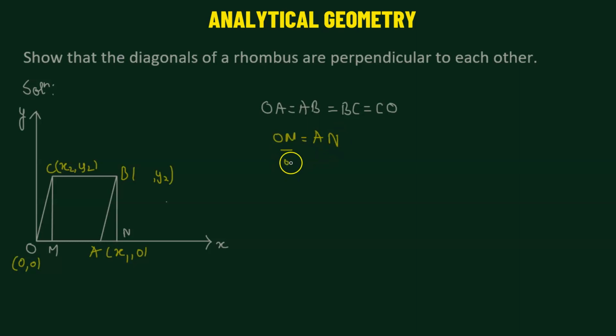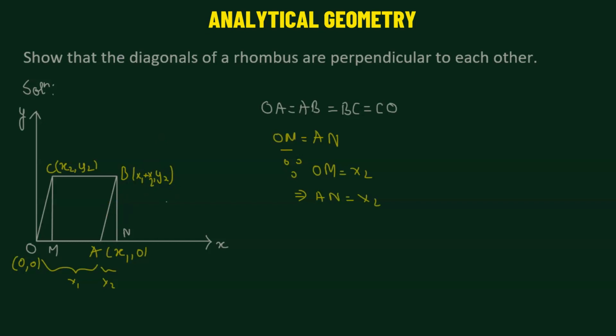Since we have already defined that OM is x2, this implies that the length of AN must also be x2. Which means, what's the coordinate of point B? That's OA plus AN, which is nothing but from here to here we have x1, AN is x2. So that means the coordinate of B is going to be x1 plus x2.